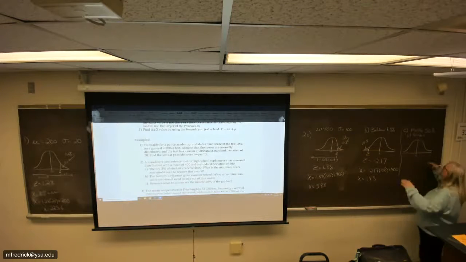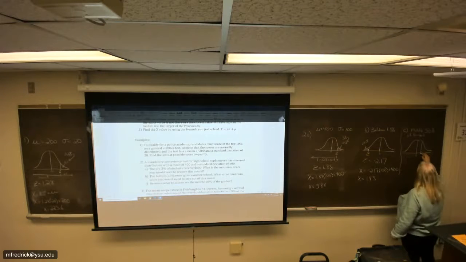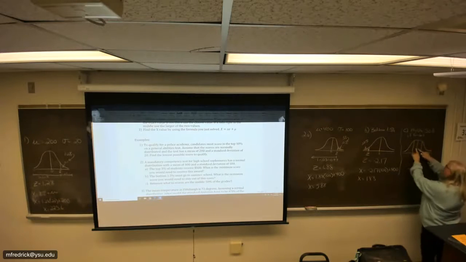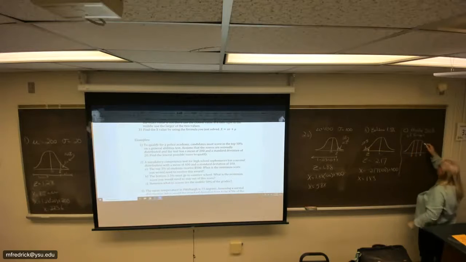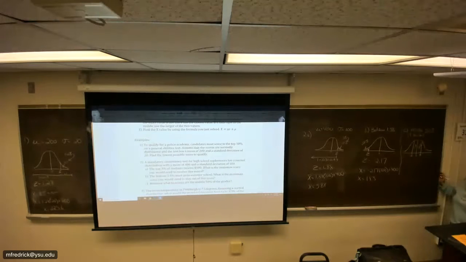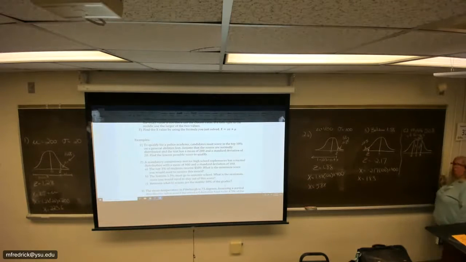What you want to remember is this is symmetric. So there'll be a value here, and there'll be one here. And there's going to be 25 on each of these because it's uniform. So the middle 50% is going to land 25% on each side. That would give us the middle.